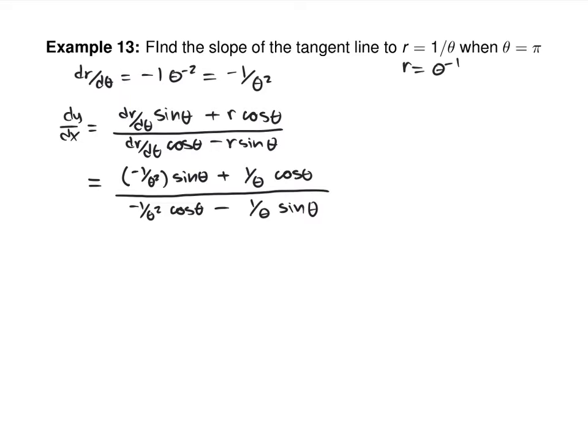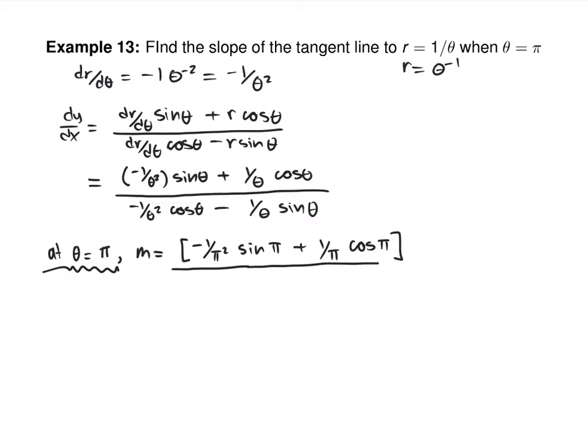So now at theta equals pi, your slope is going to equal... plug in pi for theta. In the numerator, we have negative 1 over pi squared sine of pi plus 1 over pi cosine pi.